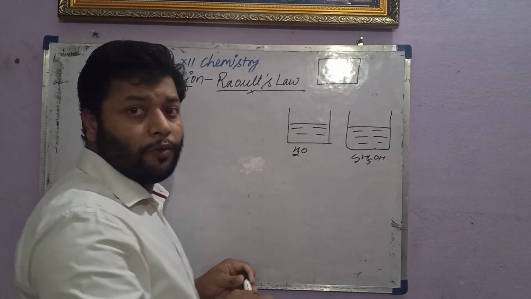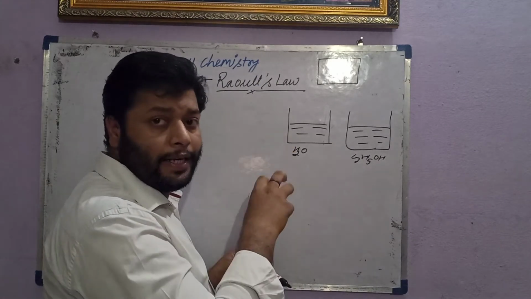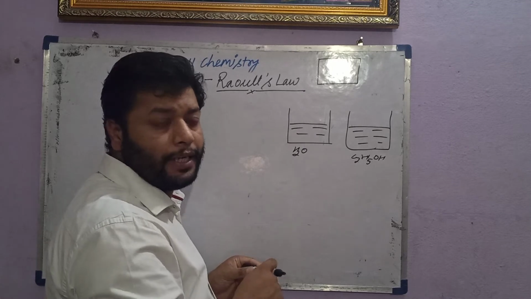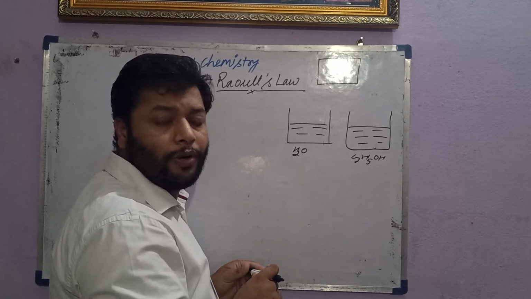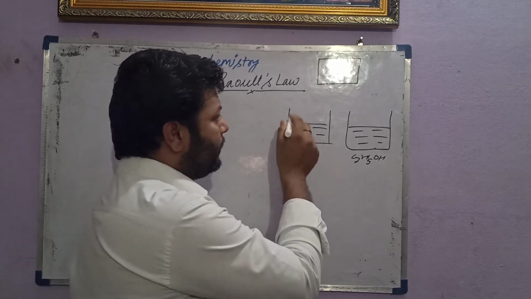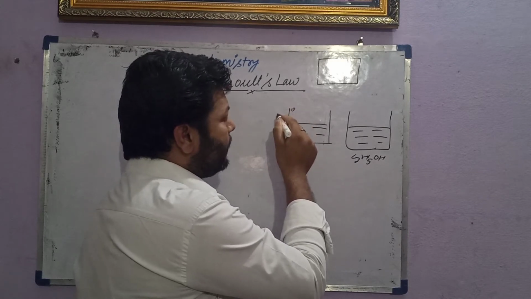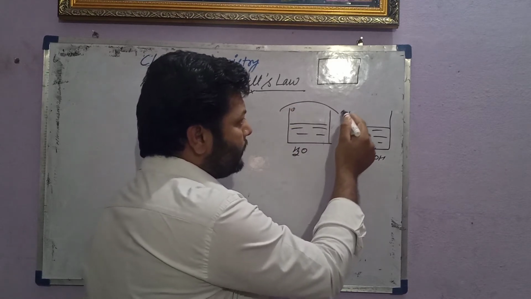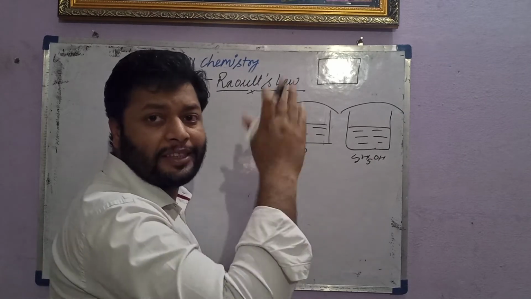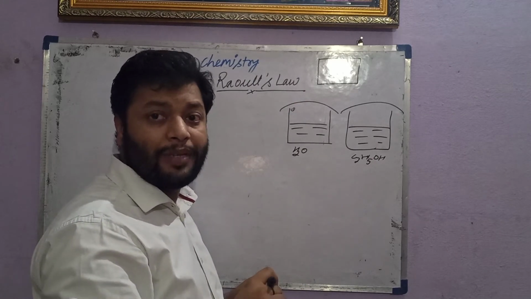You know water has a lower tendency to evaporate than alcohol. Alcohol molecules easily evaporate, and there should be a closed container. The container should be closed because otherwise vapor will escape and there will be no formation of equilibrium.